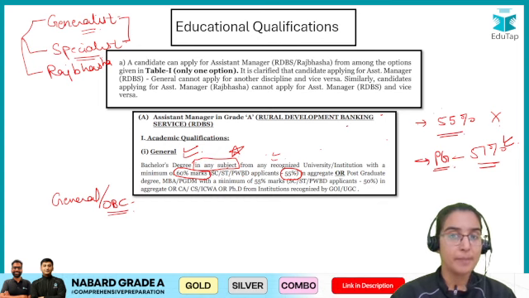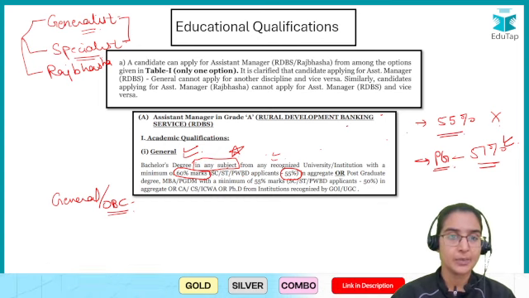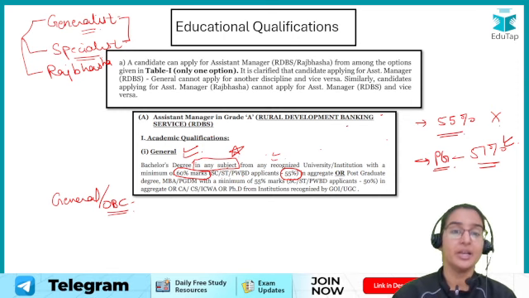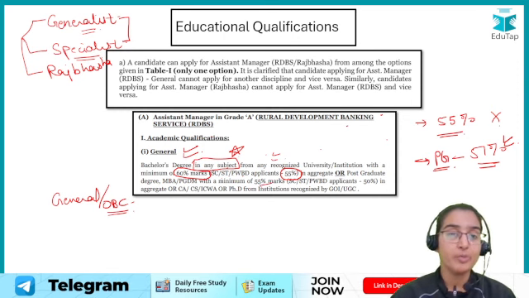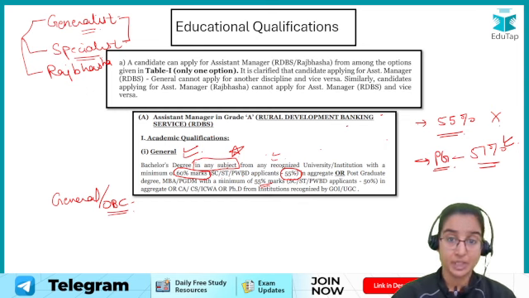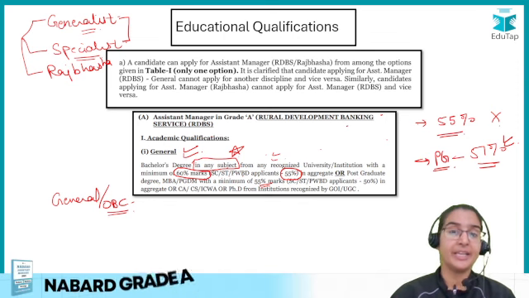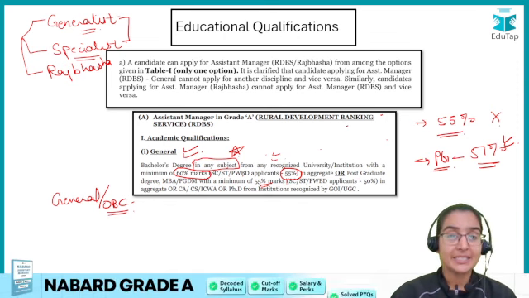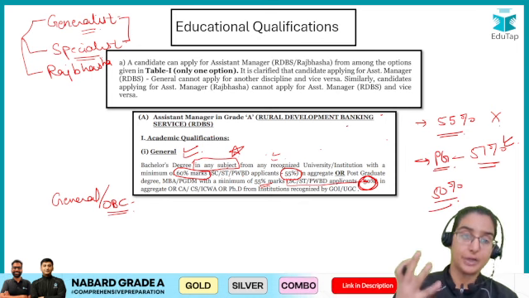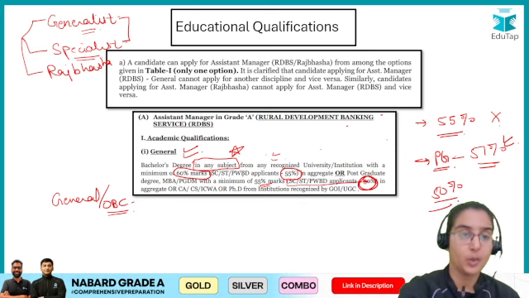So either a bachelor's degree with a minimum of 60% marks or a postgraduate degree in any subject with a minimum of 55% marks will make you academically eligible to appear in the NABARD Grade A examination. And as far as this PG criterion is concerned, for the SC, ST and PWBD applicants, it is 50% marks, right? So this is the educational qualification which is required here.